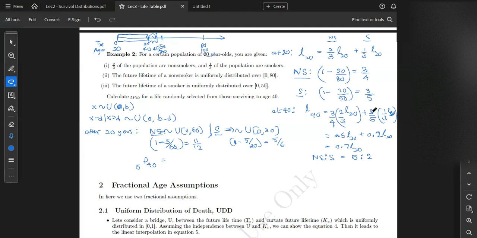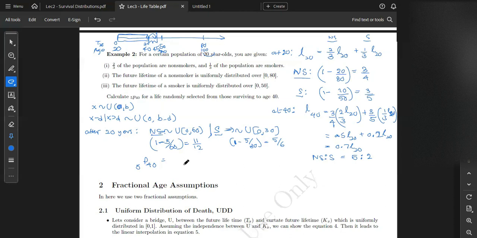But with the same intuition we had in here, initially we had 2/3 and 1/3, and then we calculated the survival proportion using these two future lifetime random variable functions, and then we can solve it using the ratio.